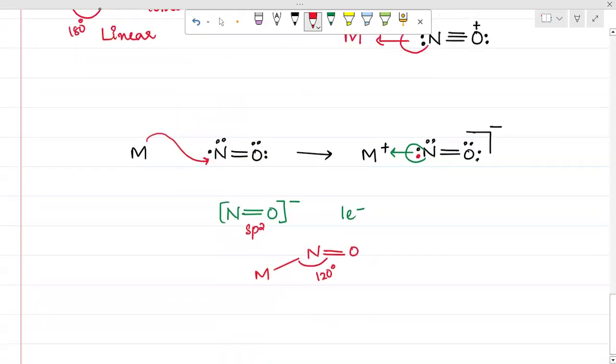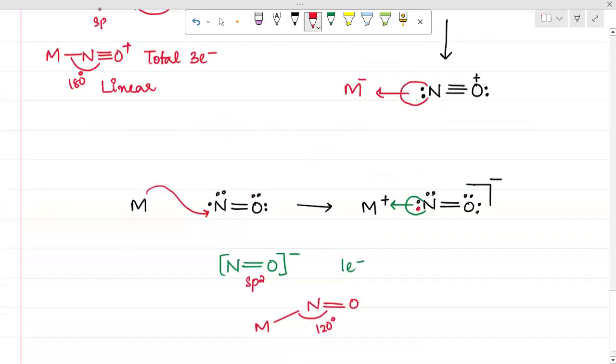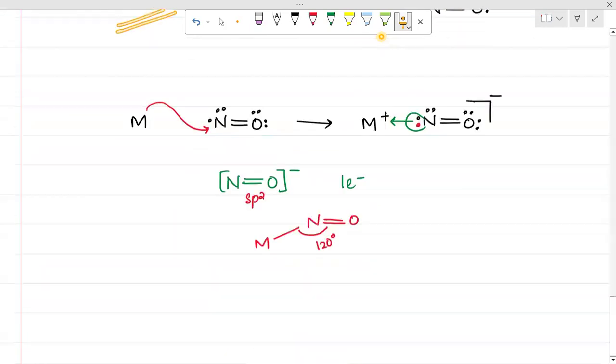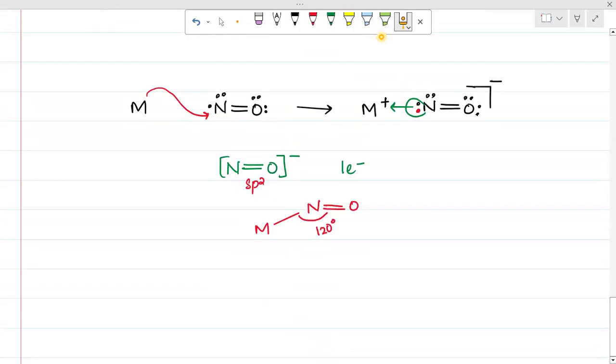So very important: NO plus donates 3 electrons effectively after completion of the octet, and it forms a linear geometry with the metal, while NO minus forms a bent geometry with the metal after its donation, and effectively it gives only 1 electron. So it has a bent shape. Important.